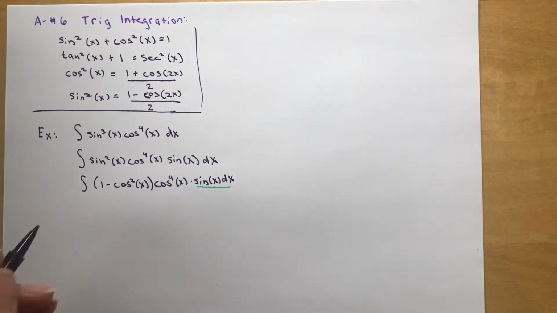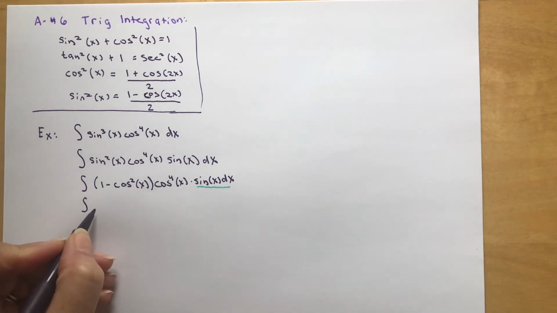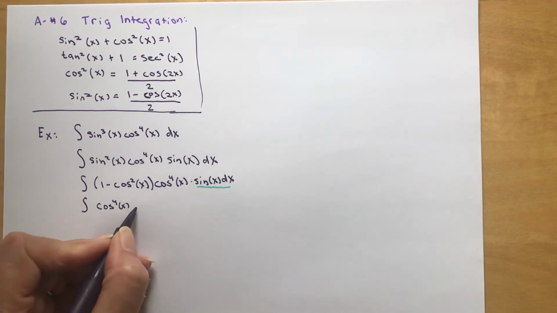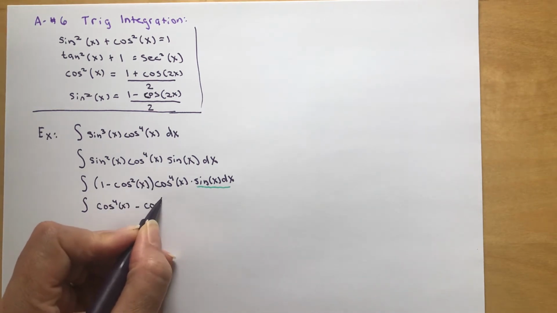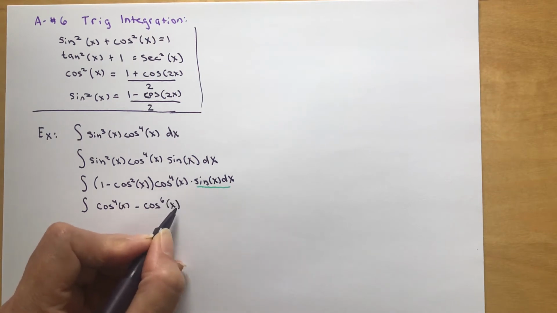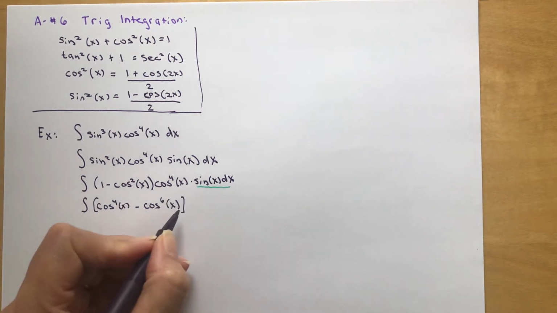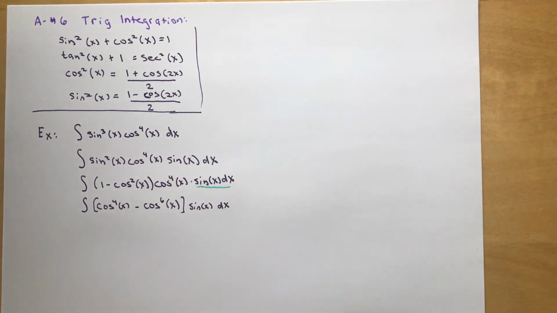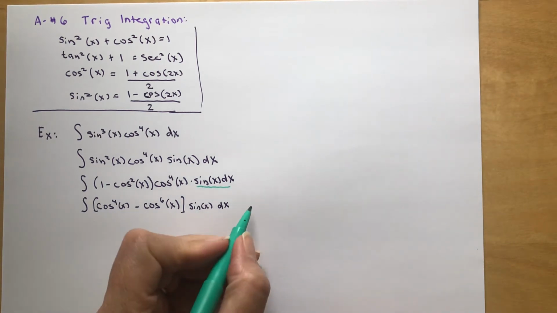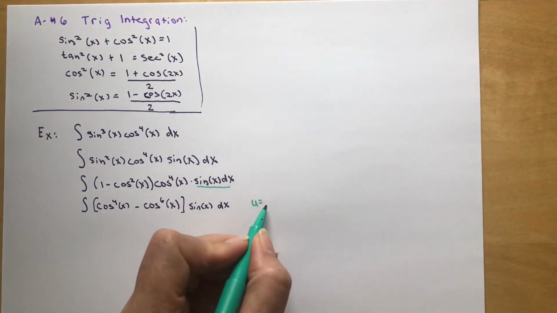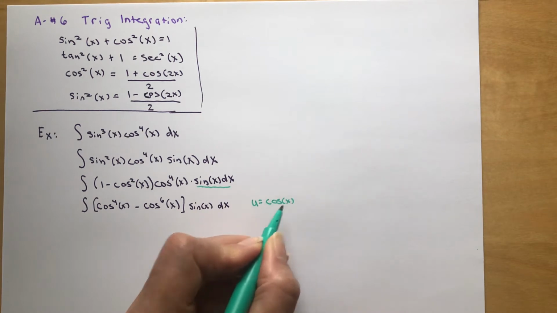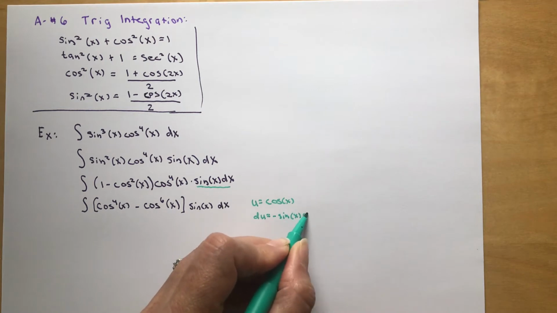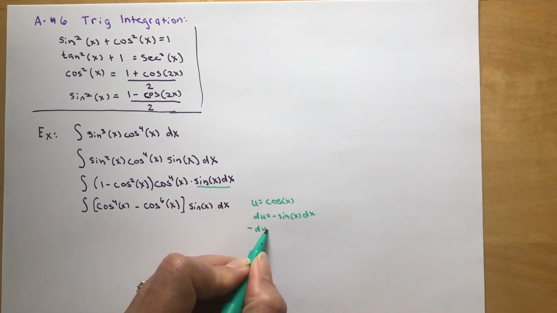I think it's helpful to go ahead and distribute the cosine to the 4th through here, so it is cosine to the 4th x minus cosine to the 6th x times the sine x dx. So now we're ready to do the u substitution, which will be that u is equal to cosine x, and du is equal to negative sine x dx, and we can put the negative over there.